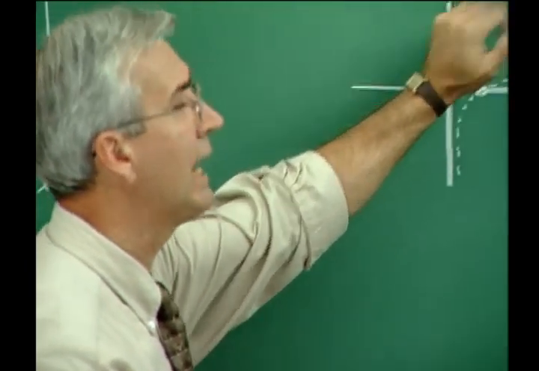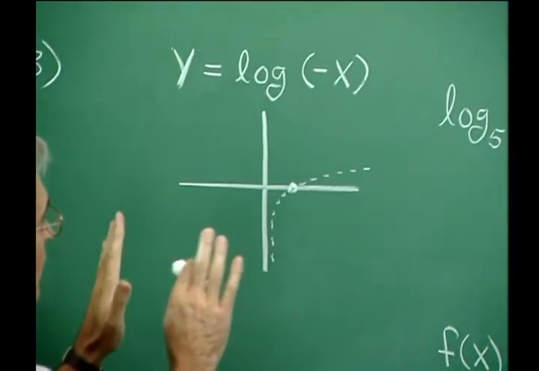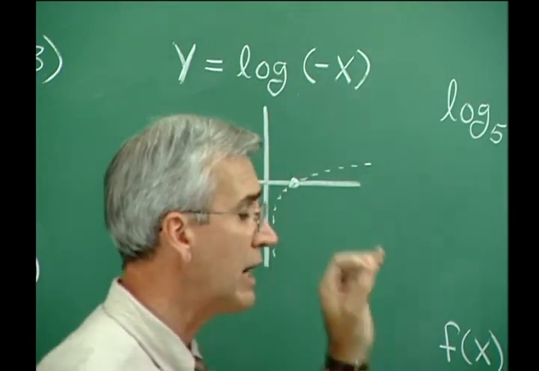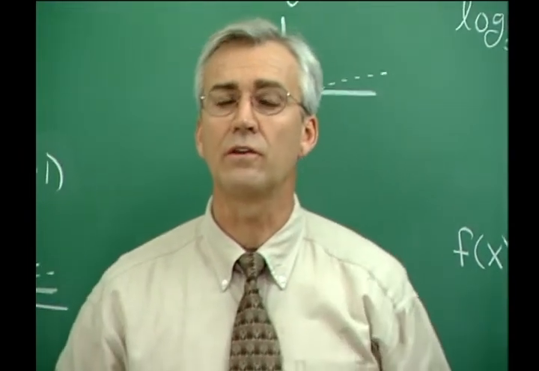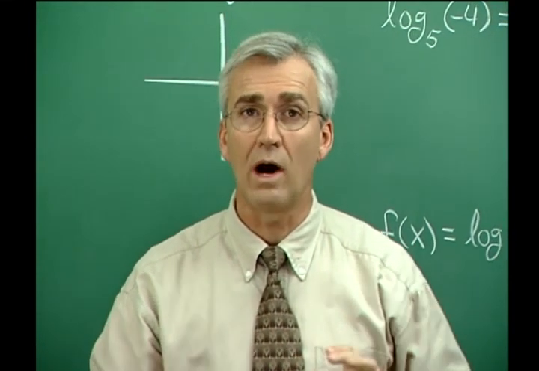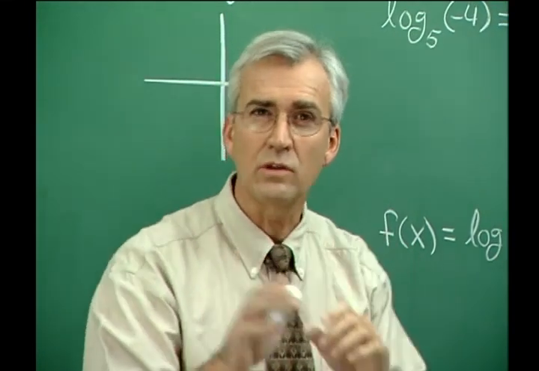Here's another one. Y is log negative x. Now, we're looking at reflections here, and this is a distinct reflection, and there's often confusion on the part of students as to whether or not we're reflecting in the x-axis or the y-axis. Now let me review something for you here.